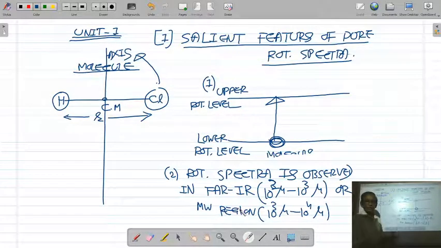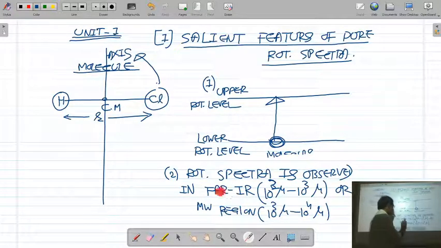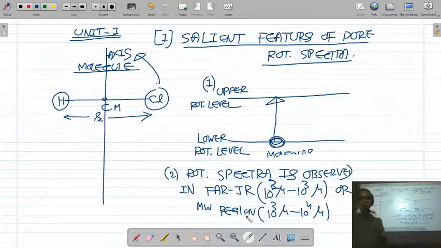This is also an MCQ, in which region rotational spectra is observed.